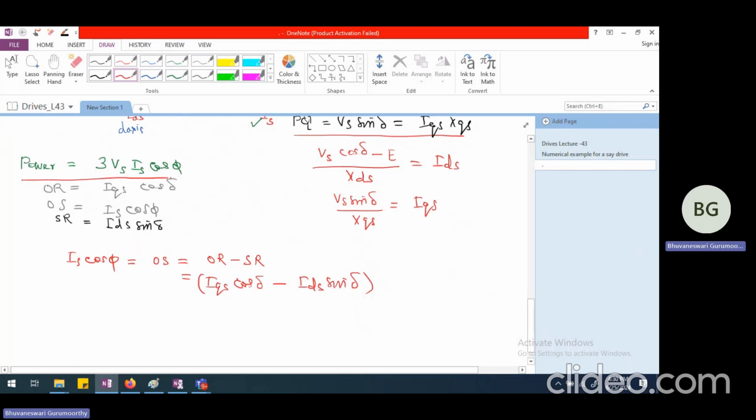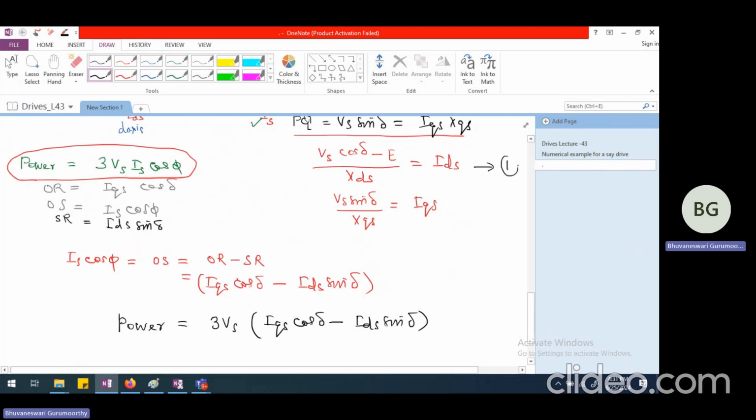Now we said power is 3 times Vs Is cos phi. So let me write power equal to 3 times Vs multiplied by IQS cos delta minus IDS sine delta. Now, if I say IDS is given by this equation and IQS is given by this equation, I'm going to substitute IDS here. Similarly, I'm going to substitute that IQS here.